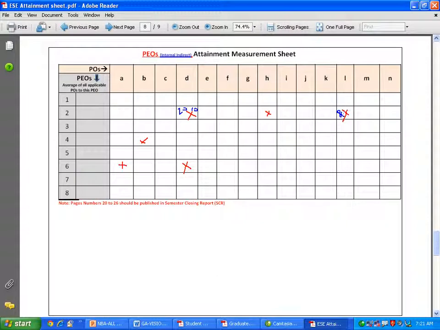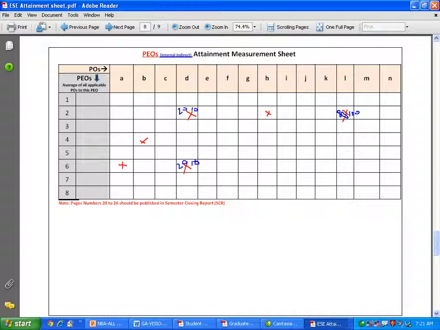Consider that it is 80% and 100%. I'll copy here from the previous slide, that is the attainment of program outcome. Now I fill like this. Consider that these are the only ones applicable to my course. Other tick marks, cross marks are not applicable to my course, because I contribute only for D and L.